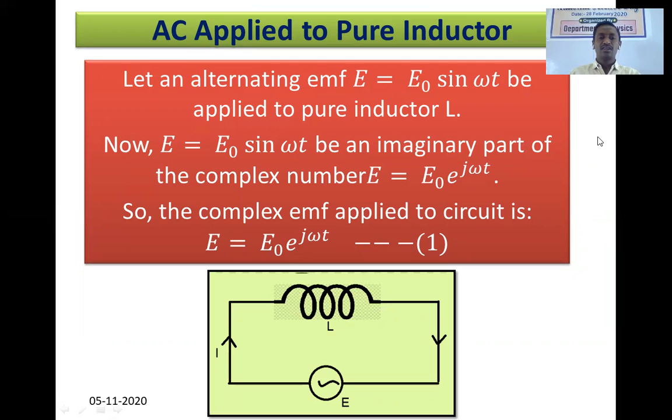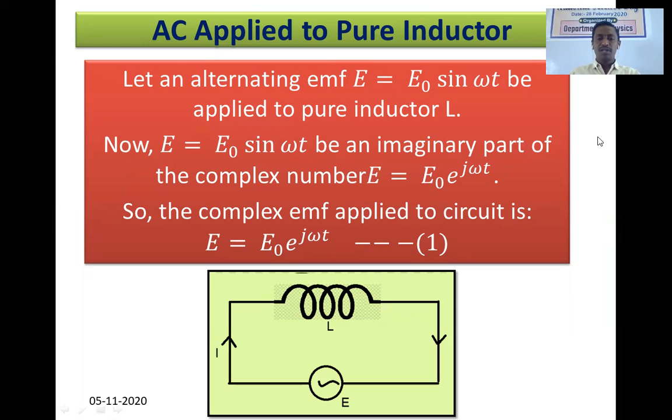Let an alternating EMF capital E equals E0 sine omega t be applied to a pure inductor having inductance L. We know E equals E0 sine omega t is the imaginary part in the expansion of the complex EMF E equals E0 e to the power j omega t.